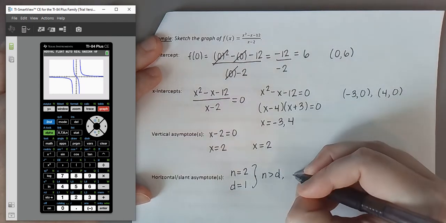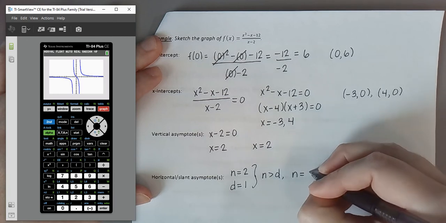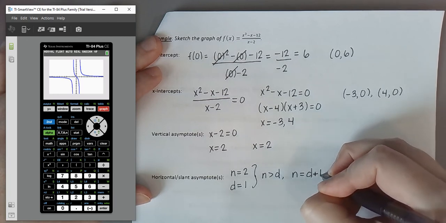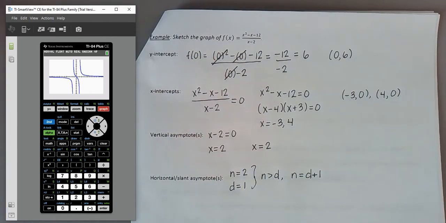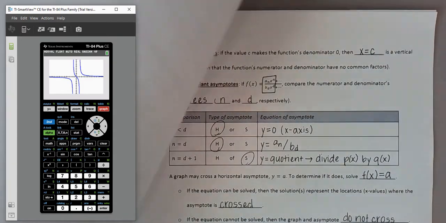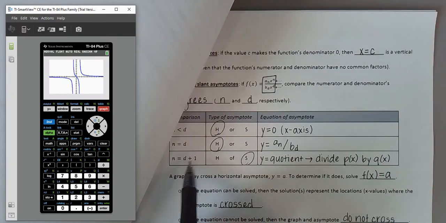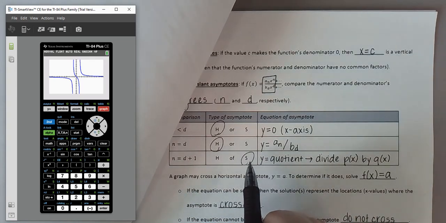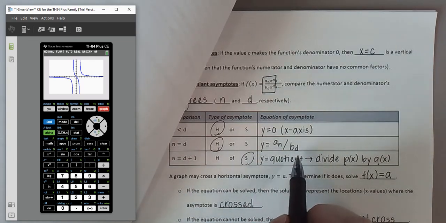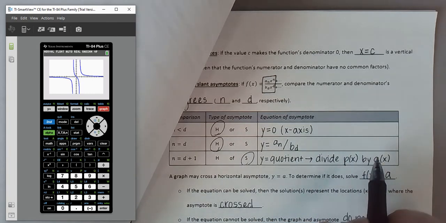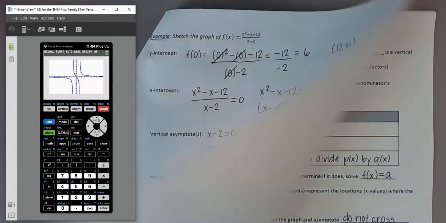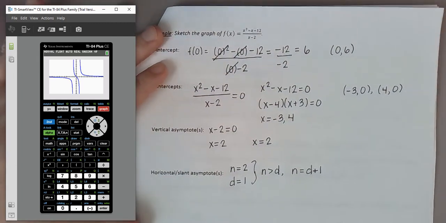But also notice that n is exactly 1 more than d. So we fall under that special case. If n is exactly 1 more than d, it's higher, but it differs by exactly 1, and we have a slanted asymptote. So y is going to be the quotient we get when we actually treat the function as a division problem. Divide the numerator by the denominator.